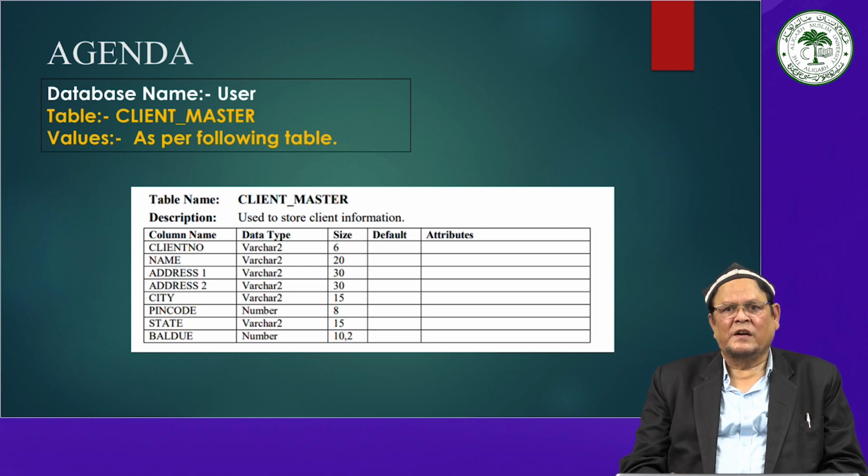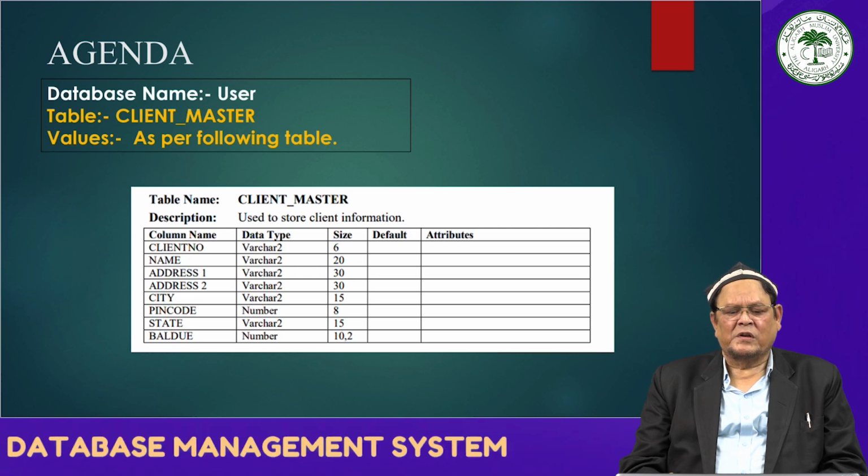So, for that, I have taken the name of the database as user, and client master is a table where we can store the data or information. The values we will store are as per the following table's name.